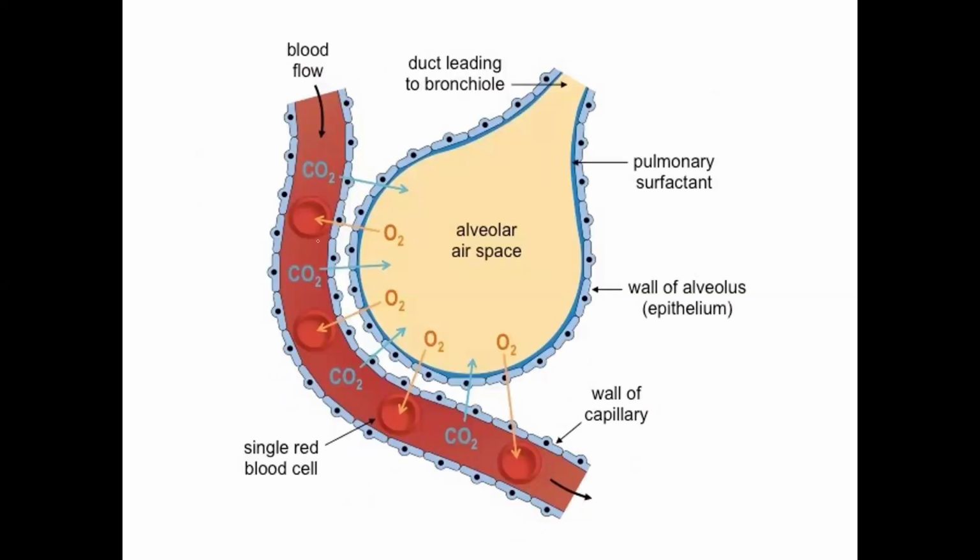Look how things are going. In the blood flow, carbon dioxide goes from the capillary to the low region. This is called diffusion. Similarly, when we inhale, oxygen goes from the alveoli cavity into the RBCs. This is called the uptake of oxygen by the blood supply.